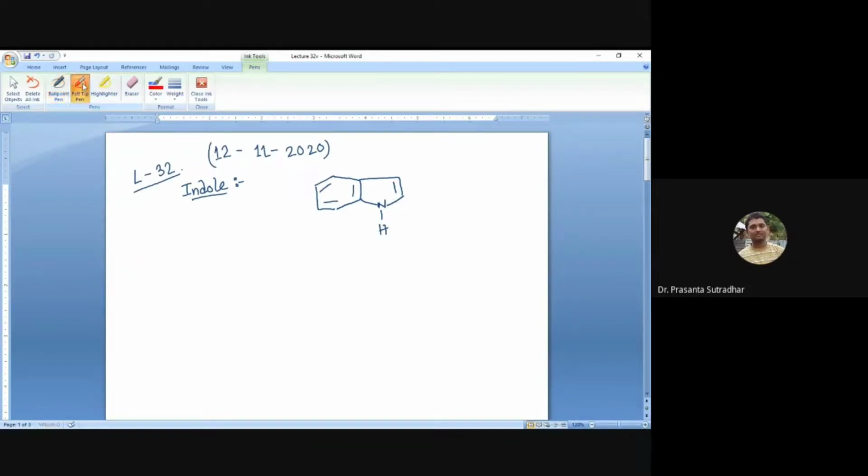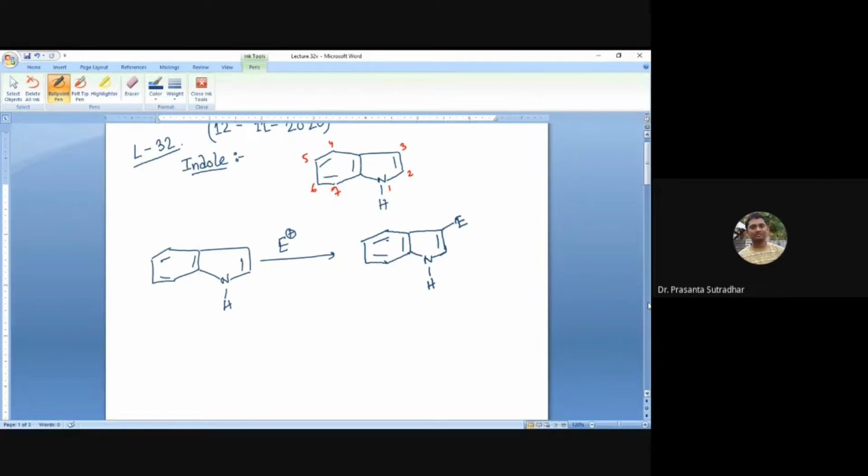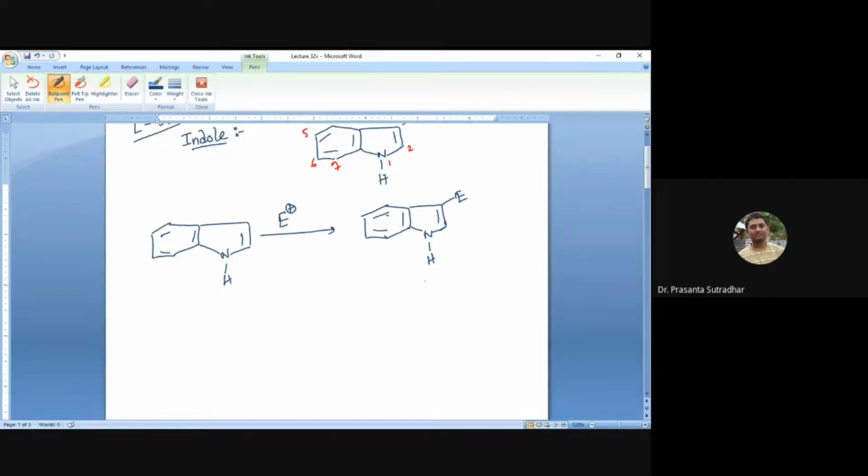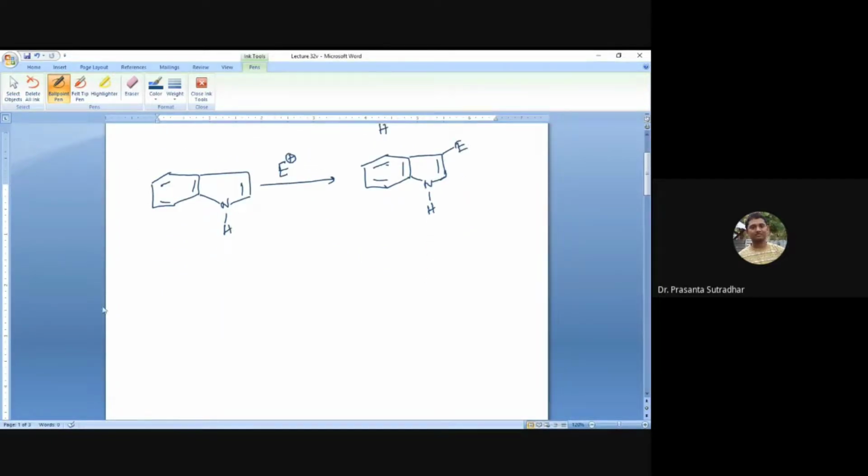This is the structure of indole and the numbering will be from this, 6, 7. The electrophile will add at position 3, or it can add at position 2, but not always.